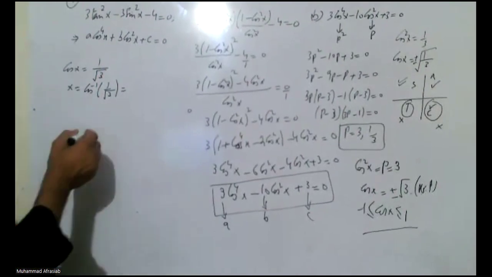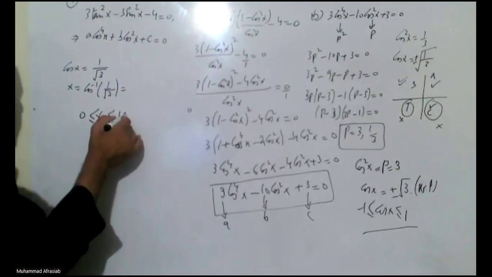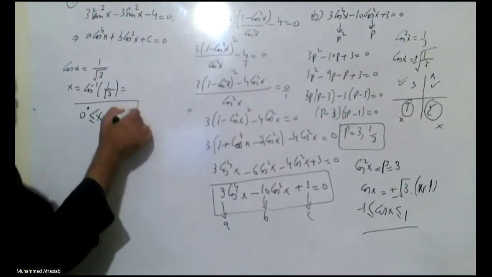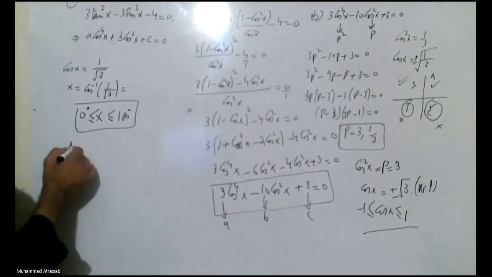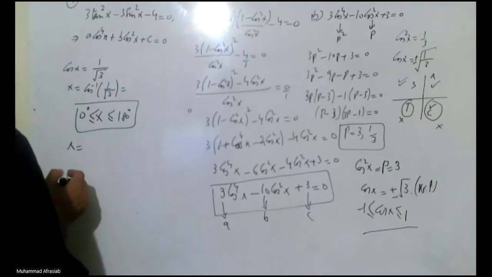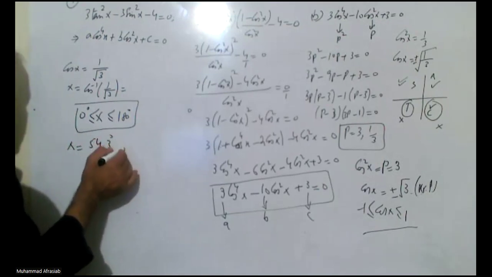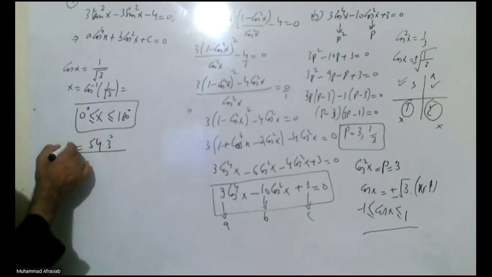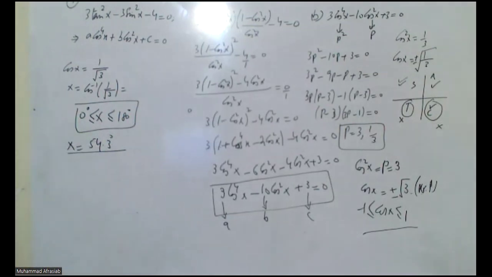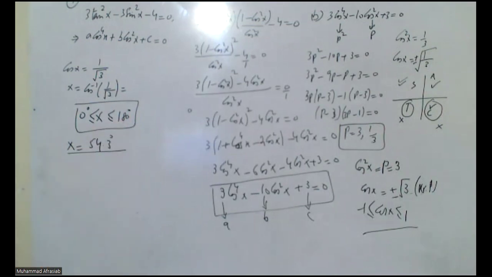Since the range of x is from 0 till 180, x is equal to, taking the calculator, 54.7 degrees. This is the only value of x in the first quadrant, because cos is positive in the fourth quadrant too, but the fourth quadrant is not in the range of that function.